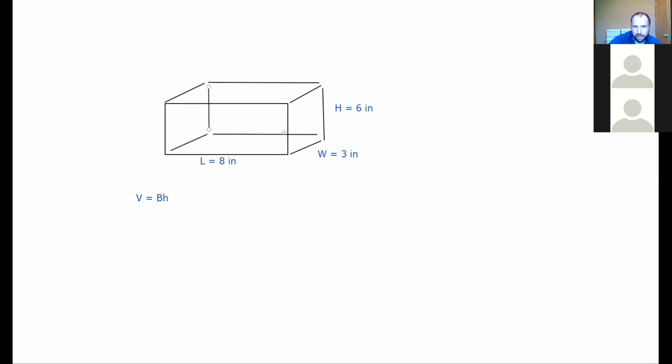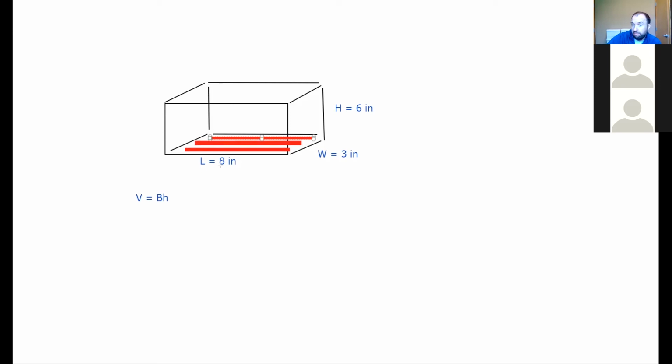What we're talking about would be this section here, right? I can't fully color it in, but this bottom section here. What would be the area of that? So that's where the big B comes from. But again, you just want to remember length times width times height.